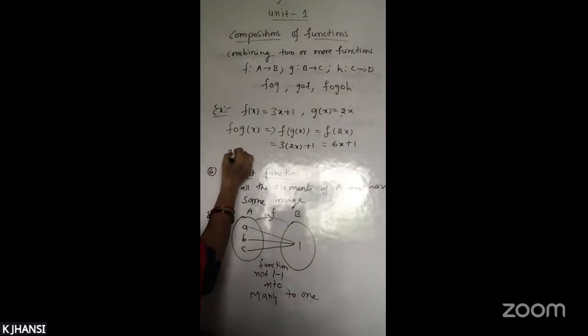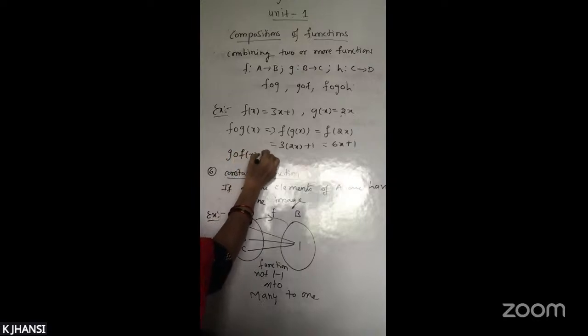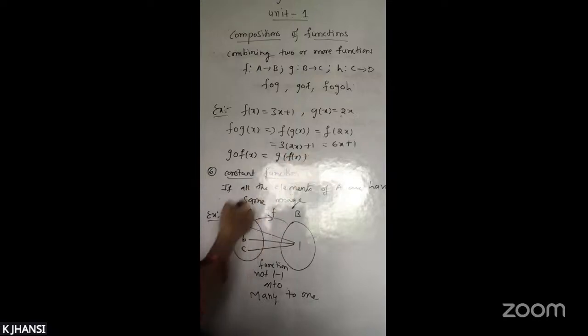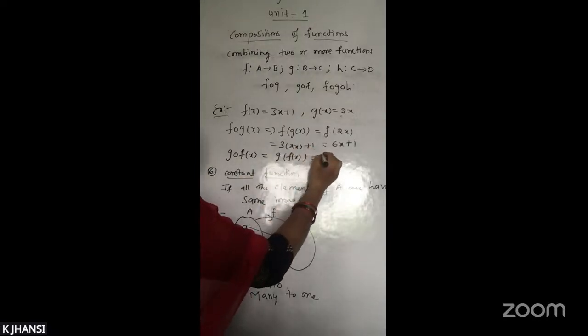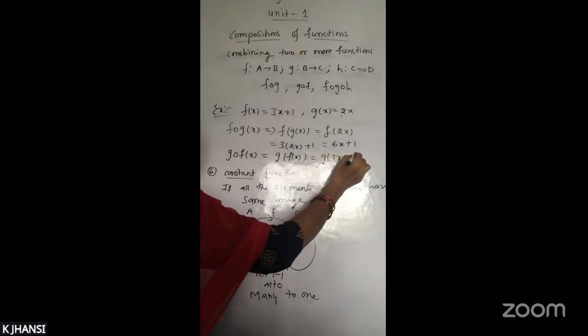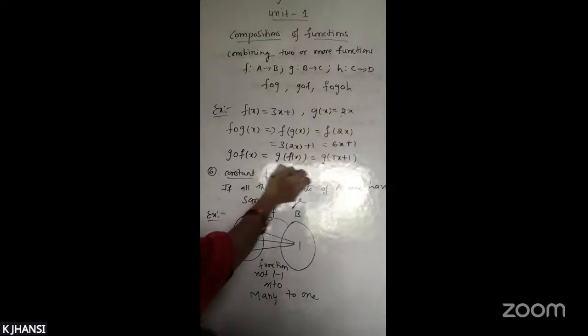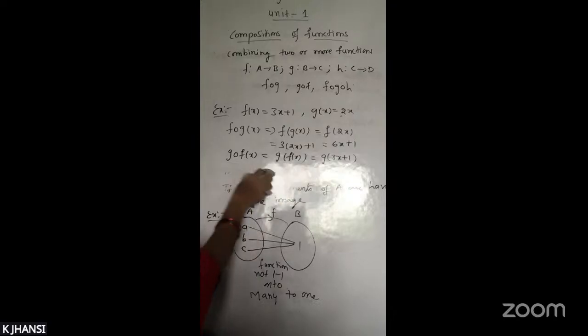Then if you find g circle f of x, that is g of f of x. Now, what is f of x? f of x is 3x plus 1. That means wherever x is there in g, you have to write 3x plus 1 in place of x. So when you substitute 3x plus 1 in 2x, what you will get?